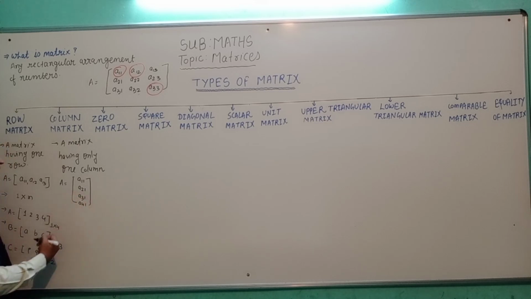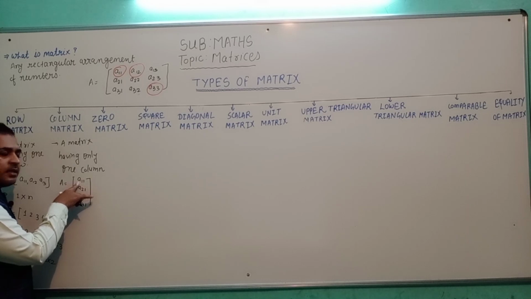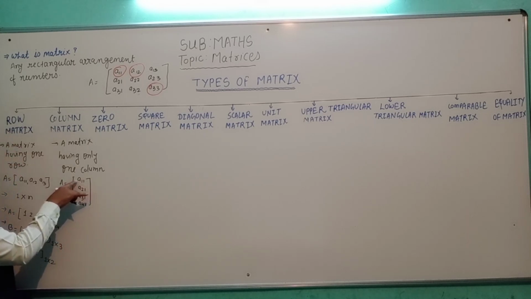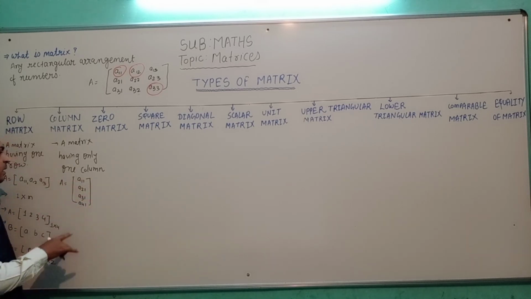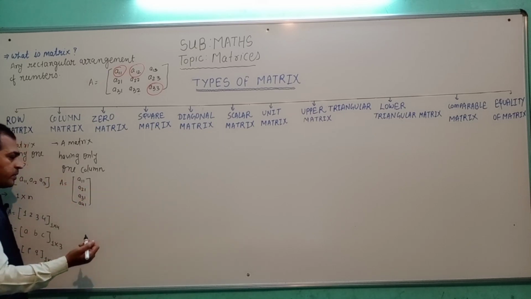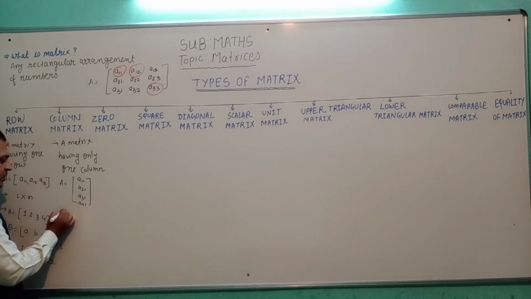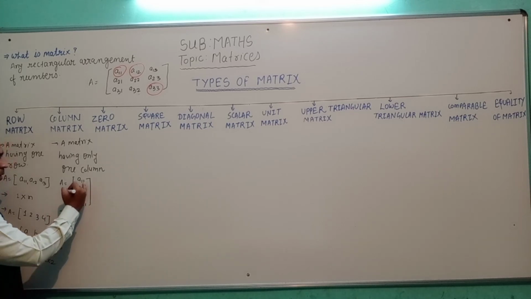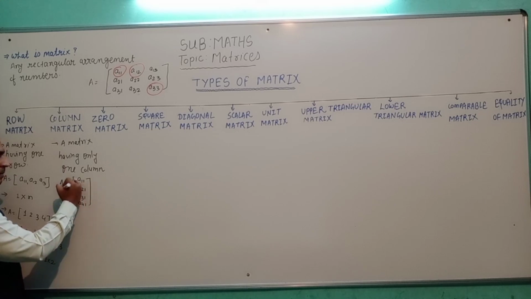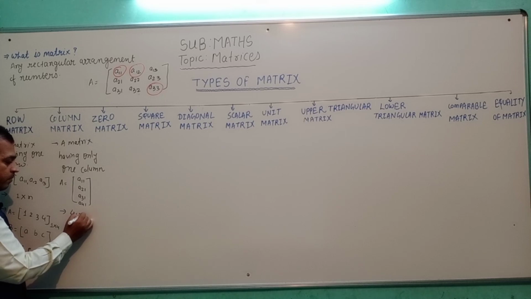So students, here you can see that in a column matrix there is only one column and more than one row. The dimension of this matrix is 4 rows and one column.